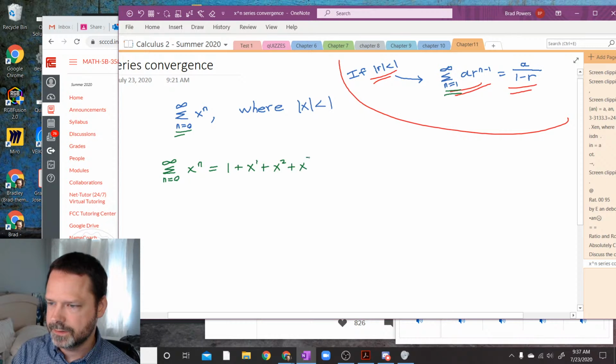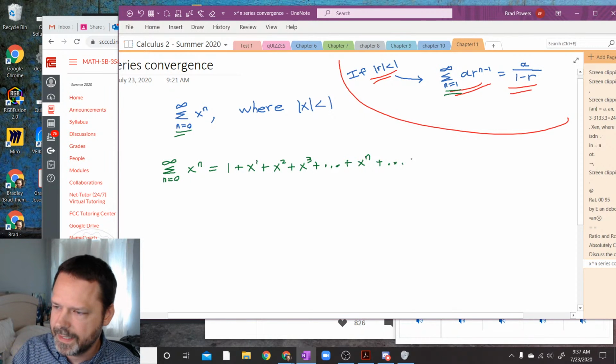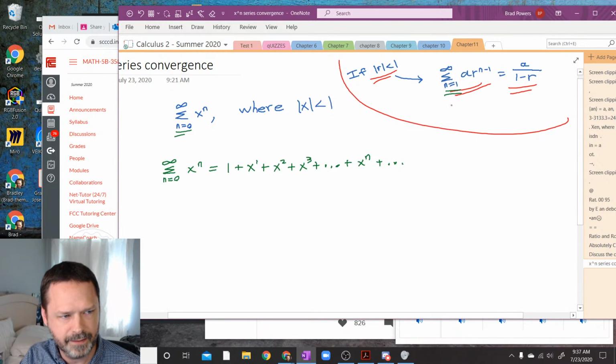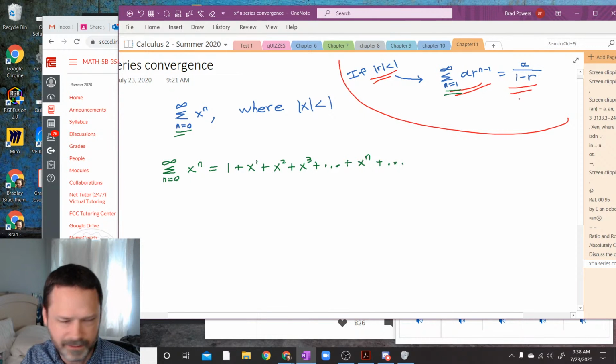And so on and so forth, and of course, it's going on forever. Okay. We got it. Now, if I want to use this formula that we've derived, we need to have the left side be correct before I can figure out what the right side is.